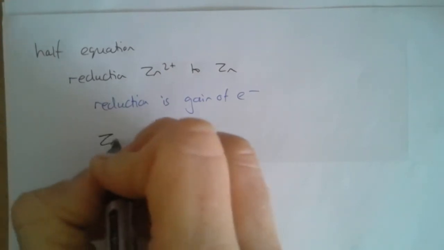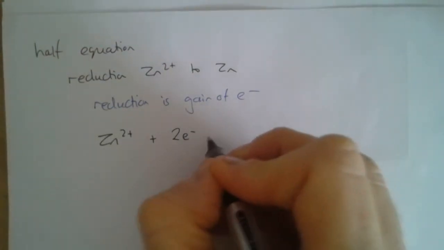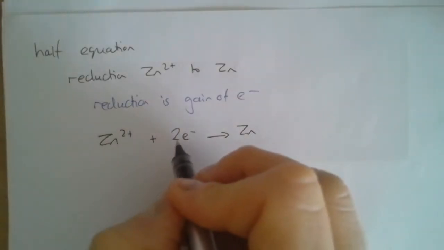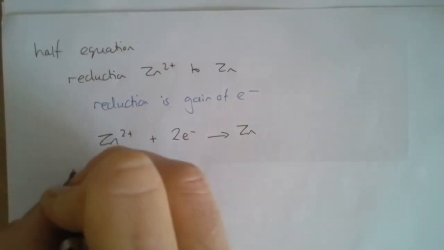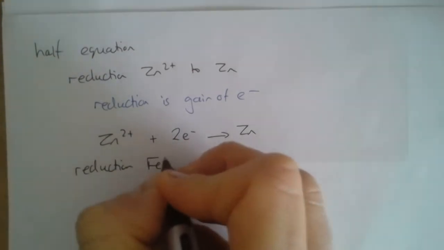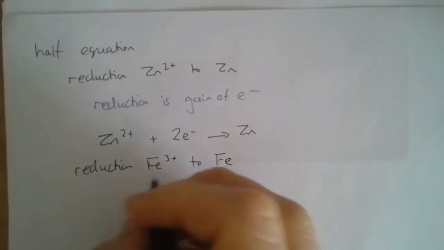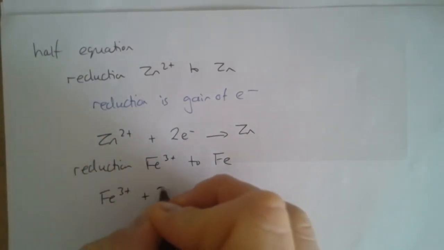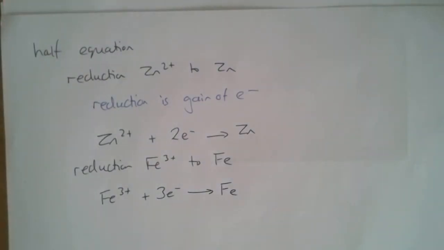So Zn2+ is going to gain 2 electrons to become just Zn. Gain means that they are in the reactants. Let's have a look at the reduction of Fe3+, iron 3+, to Fe. So again, it's a gain of electrons. So Fe3+ gains 3 electrons and becomes just Fe.